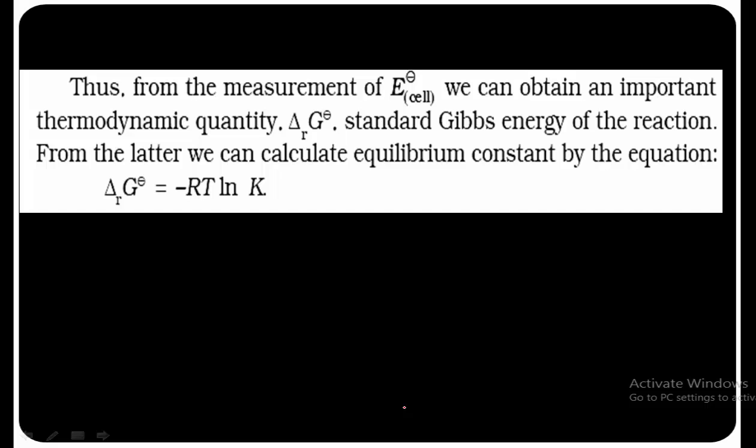Using this standard Gibbs energy of the reaction we can find out the equilibrium constant, and that is calculated as delta Gr naught is equal to minus RT ln K, where again K is equilibrium constant. So remember this equation. This is the equation which is used to calculate the equilibrium constant when the Gibbs energy of the reaction is given.